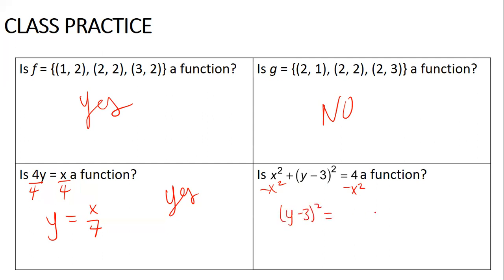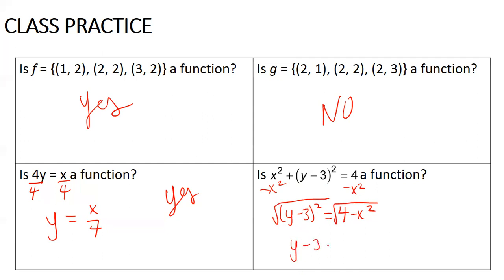It's not PEMDAS. When you are solving, you go backwards. Okay, what's the next thing I gotta undo? How do you undo the square? You take the square root.